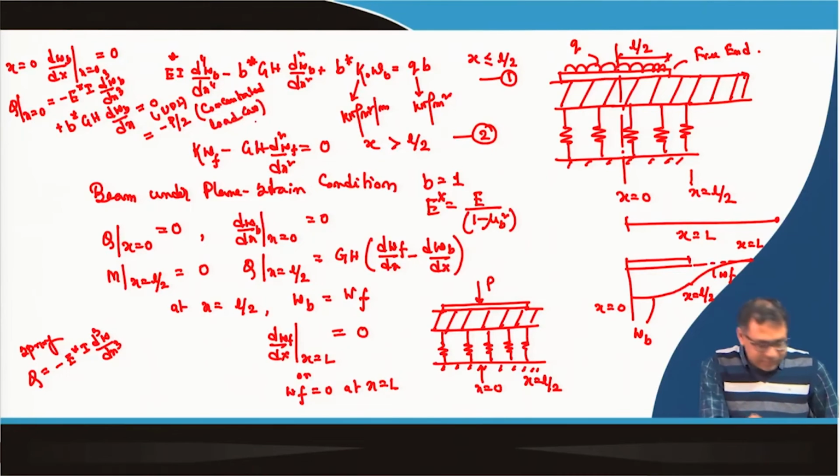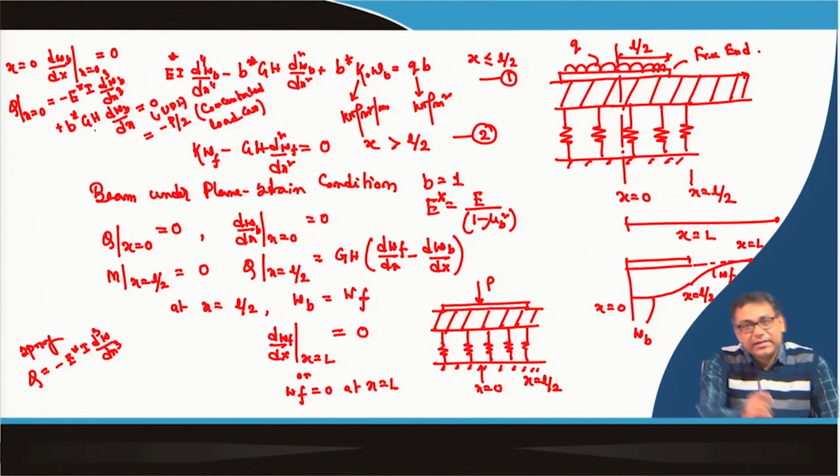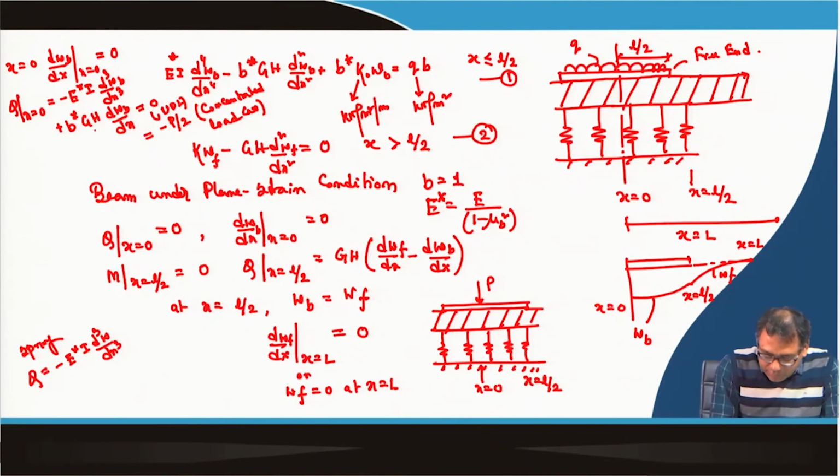Okay. So, this is your force, but as your dWb/dx is 0 at x equal to 0, ultimately this part will be cancelled. But this is for the center only, not for the edge, because for the moment, that means here also the moment M at x equal to L by 2 is equal to 0.